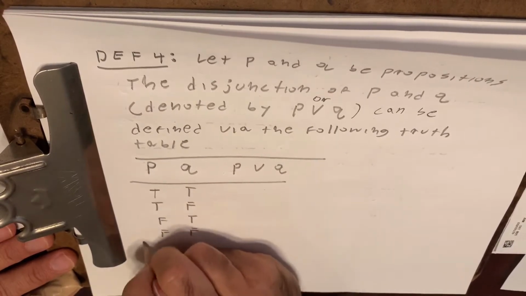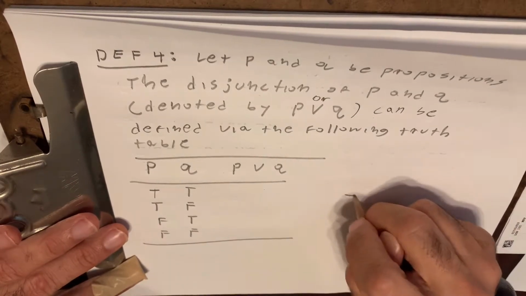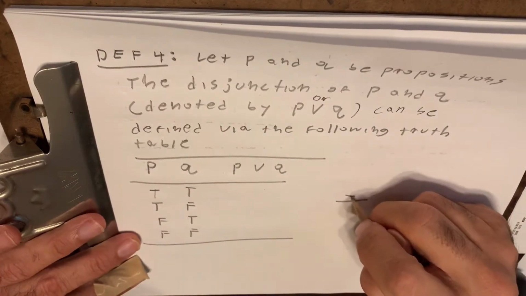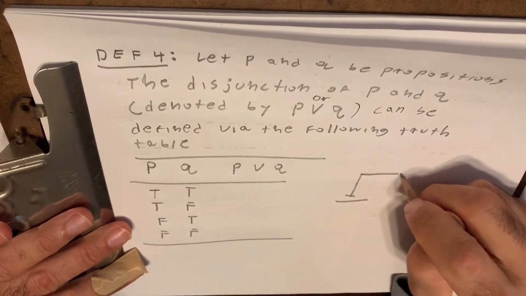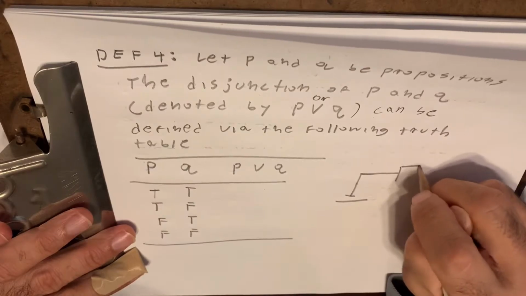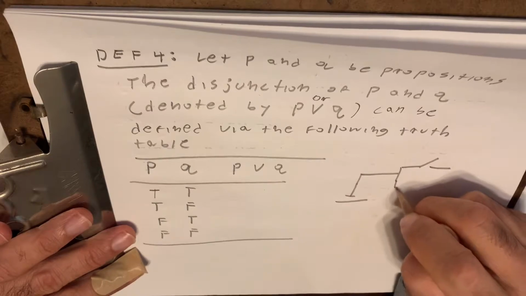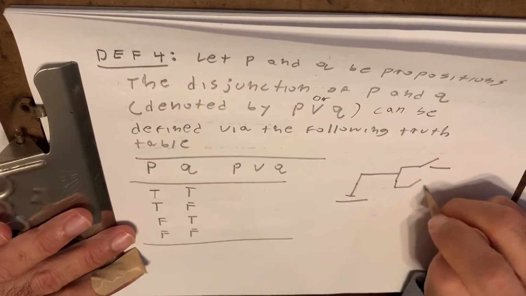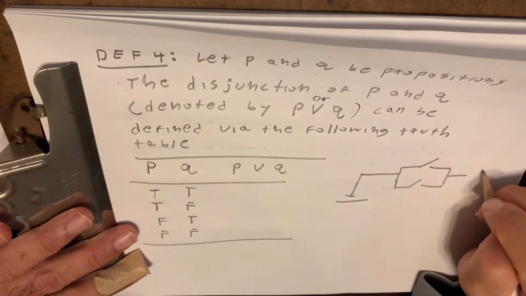Order doesn't matter, but I remember it easier this way. And the OR can be conceptualized as, surprise, surprise, a parallel circuit. So what we have here is a switch here, and a switch here, and this goes into our light bulb.